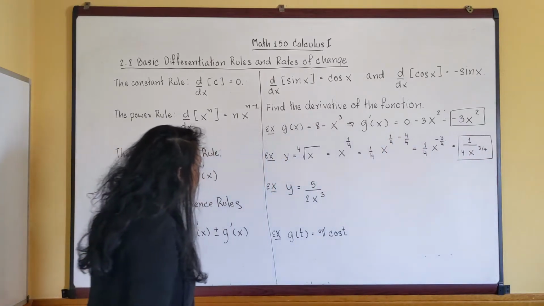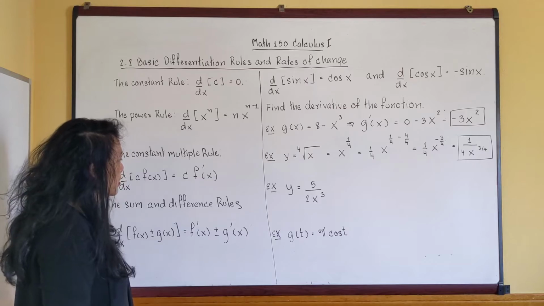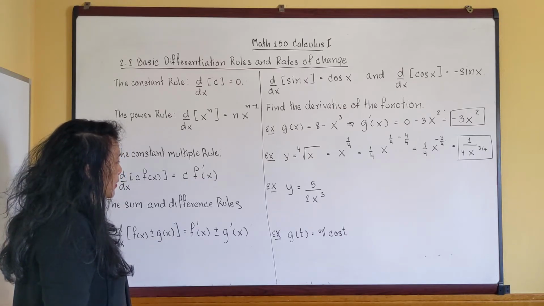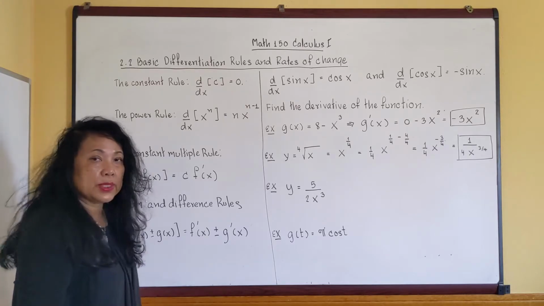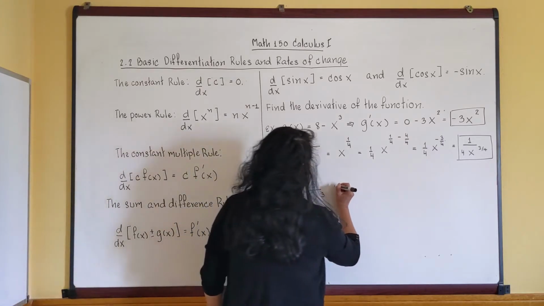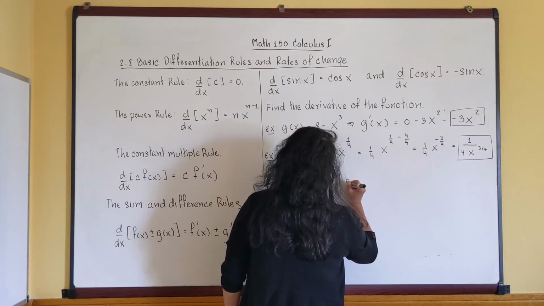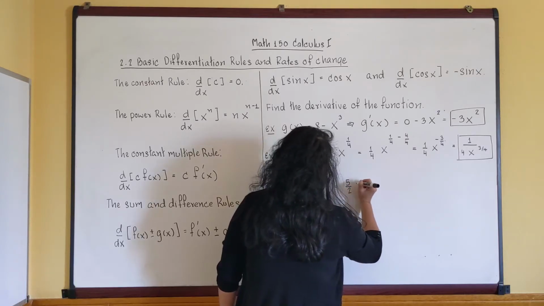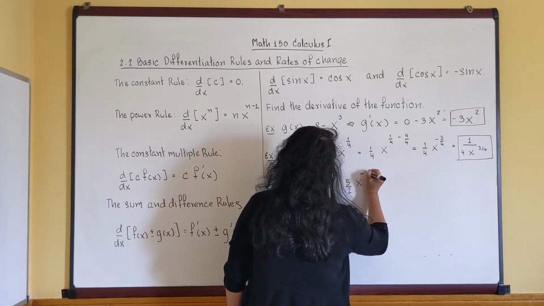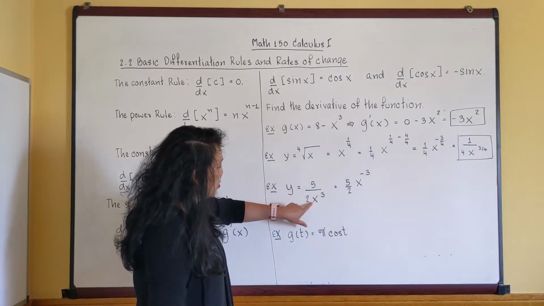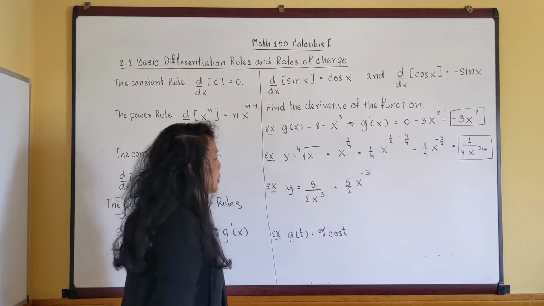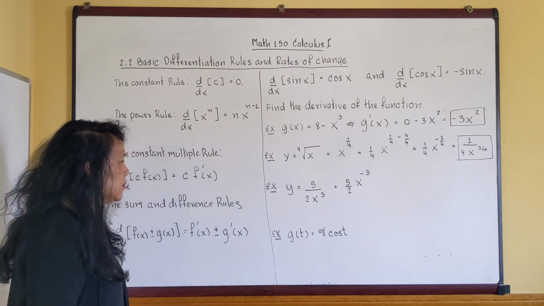Alright, now let's look at the third one. I'm going to have to apply some of the properties here, so I'm going to rewrite it a little bit. I'm going to write it as 5/2 x to the negative 3. That's the same thing. 5/2, I bring x cubed up, so it's going to be x to the negative 3.